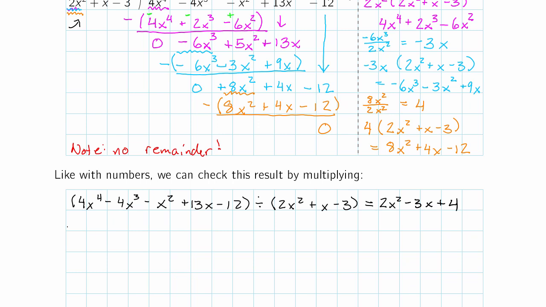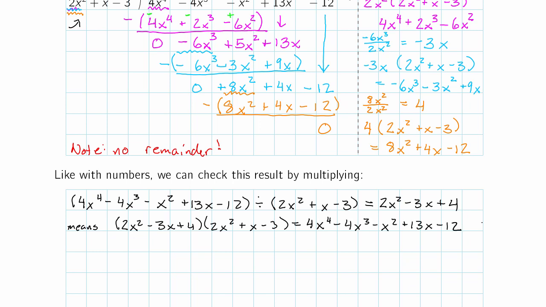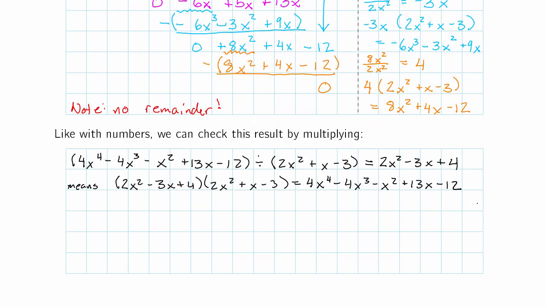What that means is that if I multiply these two trinomials, I ought to get my original polynomial back. Of course, we can check that by actually doing that multiplication.